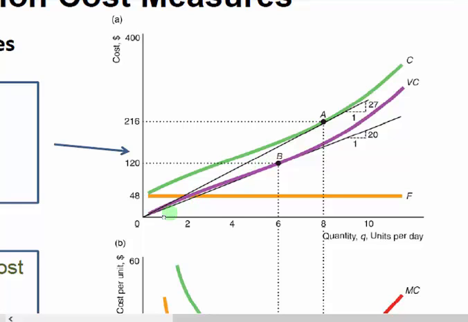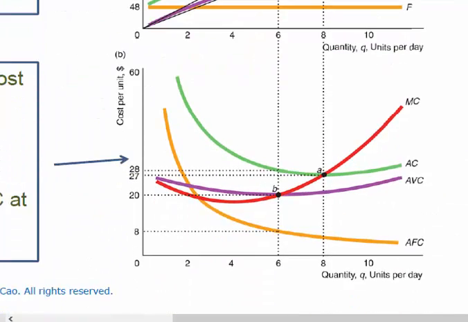And notice, because the total cost curve is just this variable cost curve moved up, they have the same slope over different quantities. So it's the same marginal cost curve. Doesn't matter whether you differentiate the total cost or the variable cost, it gives you the same marginal cost curve.